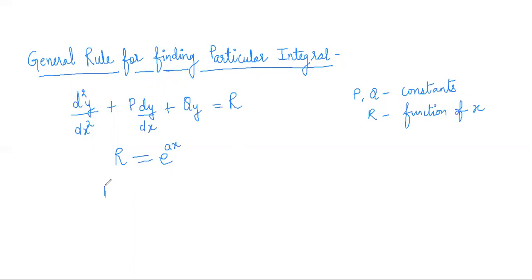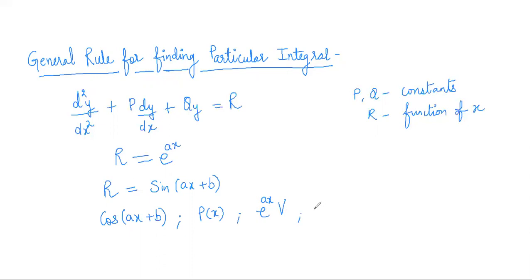Then we have considered the case when r is equal to sin(ax plus b), and the case when r is equal to cos(ax plus b). Then we have considered the case when r is some polynomial of x. Then we have considered the product of e raised to power ax and v, where v is a function of x.